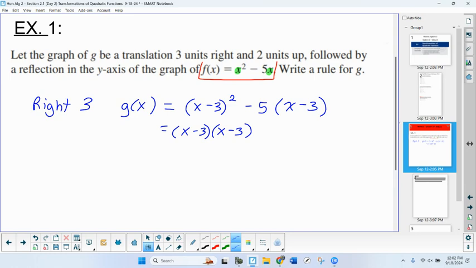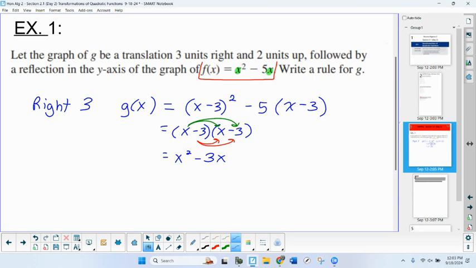Just double distribute. Okay, so Lucas, we're going to just distribute x to both. What do you get when you distribute x to both? Well, what's x times x? X squared. And now x times negative 3? Good. Now distribute negative 3 to both.